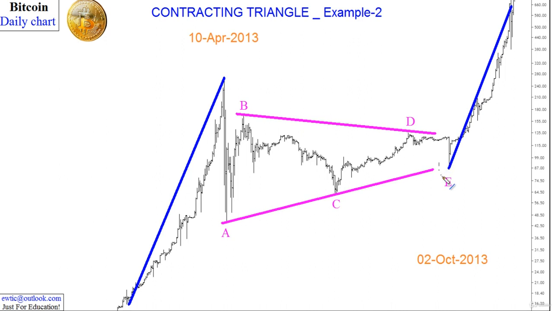As a guideline, usually what happens is this wave E makes a sharp spike. Okay, wave E, usually as a guideline, takes a smaller amount of time than wave D, C, B, or A. Usually it's a very sharp spike, but that's just a guideline, it's not necessary.